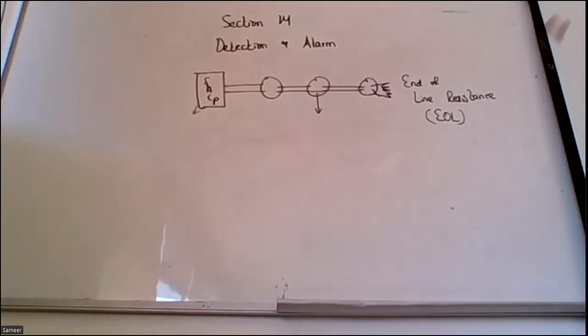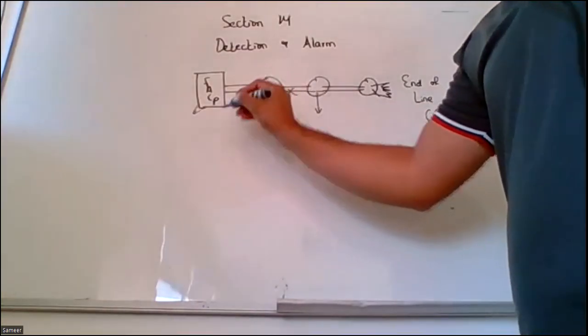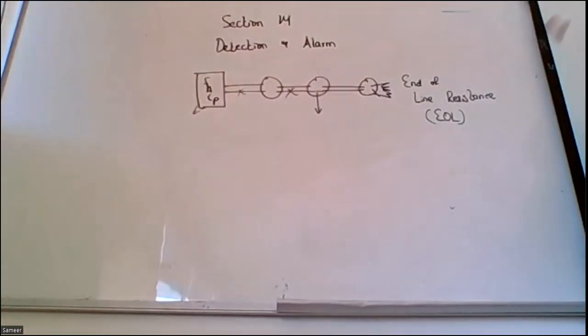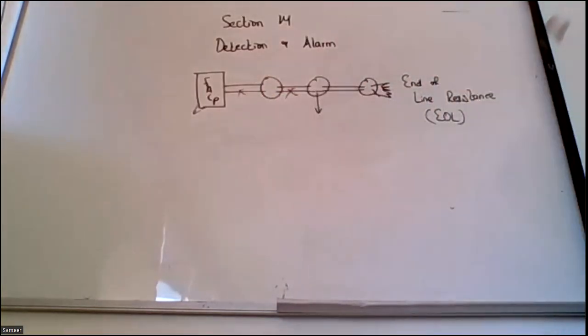The next problem with this type of circuit is that if there's a conductor breakage anywhere, the whole circuit disables. So it operates up to a single fault: if a single fault occurs, the whole circuit disables.